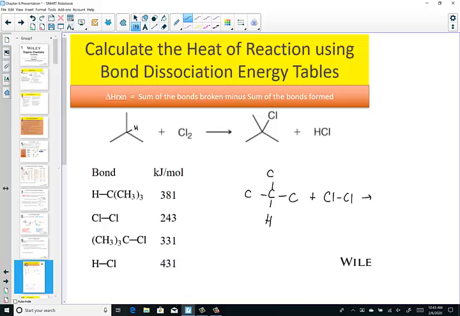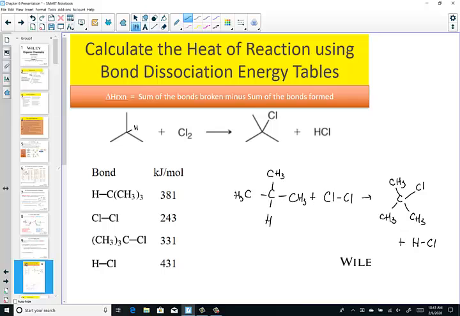So just visually seeing what all the attachments are, and I know that these are CH3s going around here. On the product side, I still have that carbon leading out to a methyl, leading out to a methyl, leading out to another methyl, but now I see that it has a Cl attached to it, and the other product is hydrogen chloride.